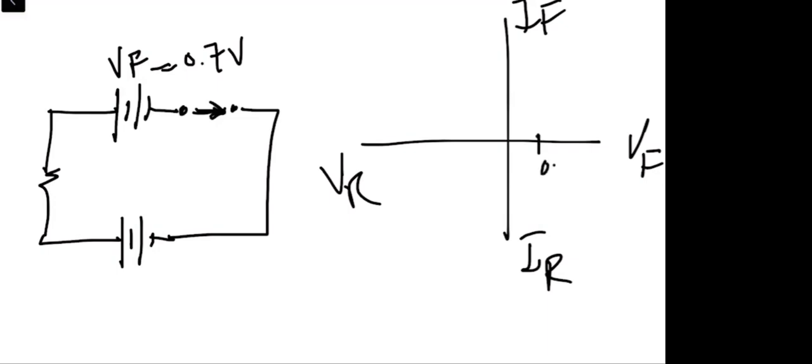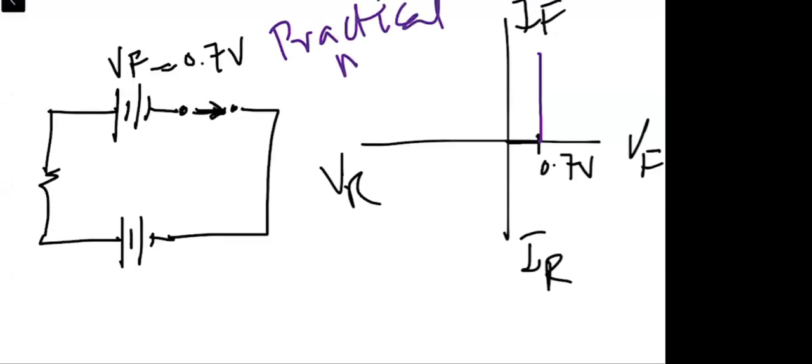So at 0.7 volts we will have a curve. Till 0.7 volts, no current is flowing, but at 0.7 volts we will have a current that is flowing in this way. So this is our practical model.